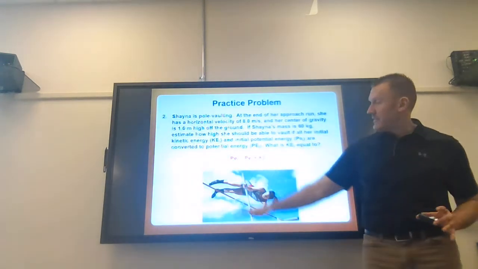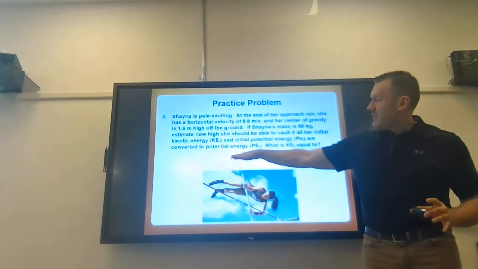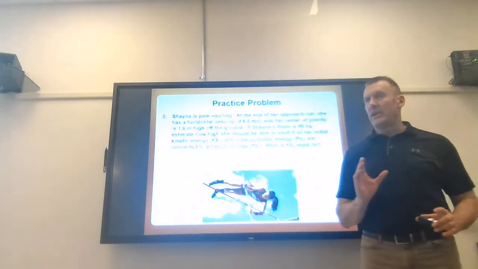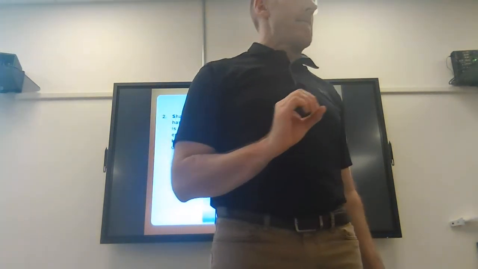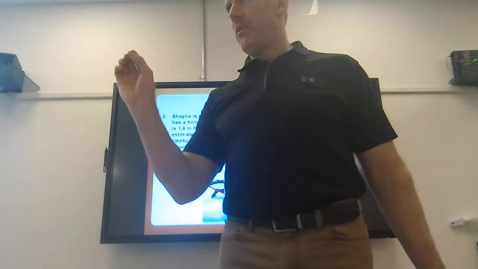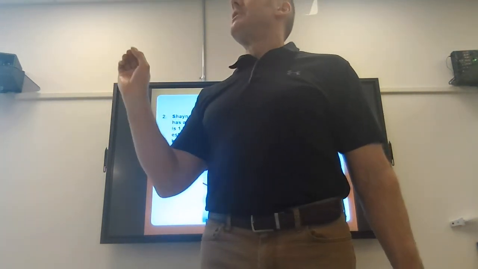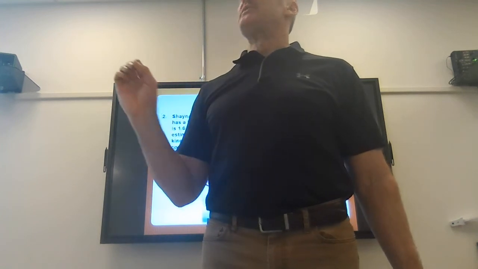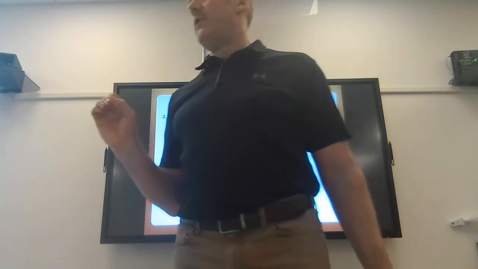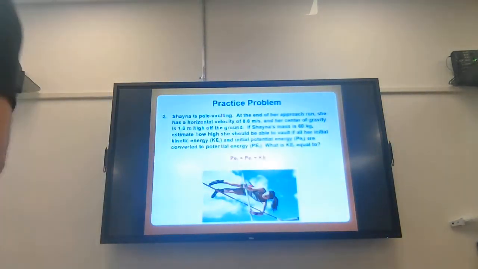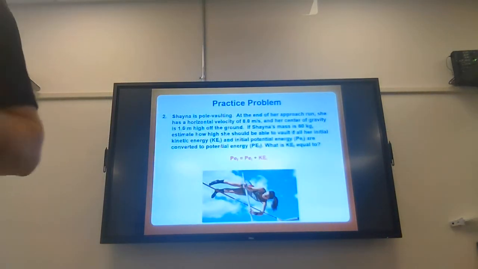I want you to write this equation down, potential energy final. Okay, and what is potential energy equal to? Gravitational potential energy. Yes, mass times acceleration due to gravity times height. Now, energy is a scalar quantity.